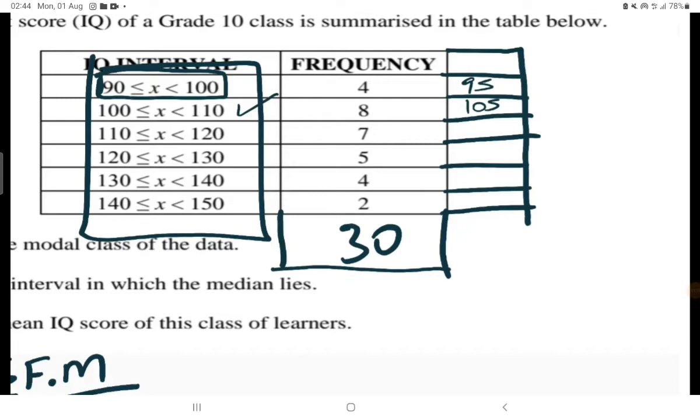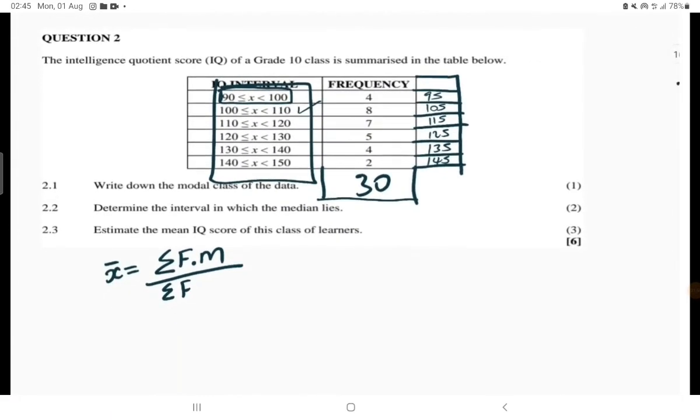Let's take the third one: 110 plus 120 divided by 2 is 115. You have seen that we are just adding 10 each time, so 115 plus 10 is 125, 125 plus 10 is 135, 135 plus 10 is 145. So this is basically what we have.